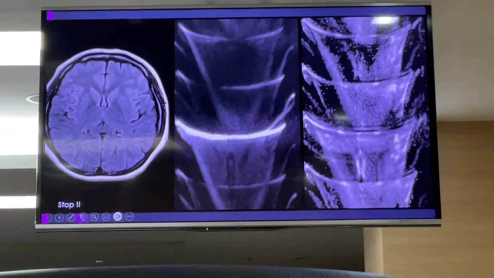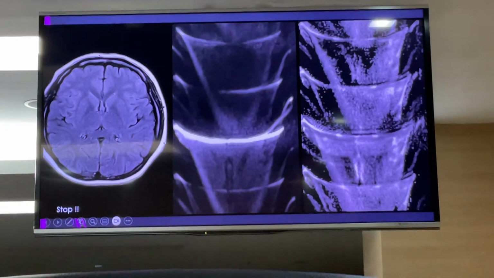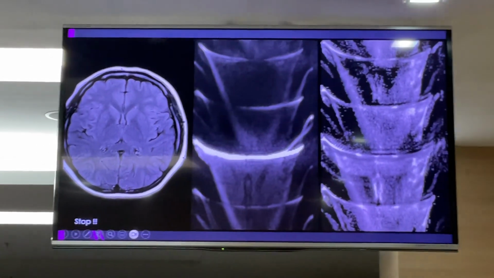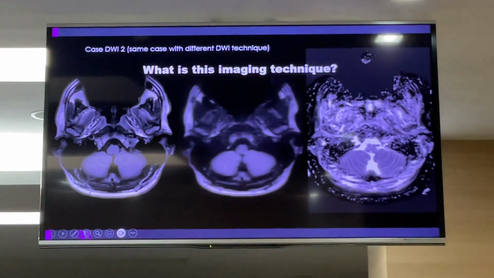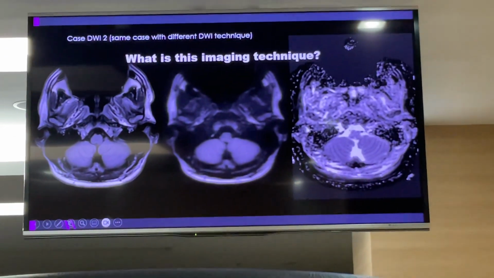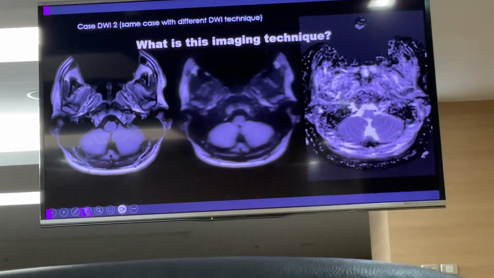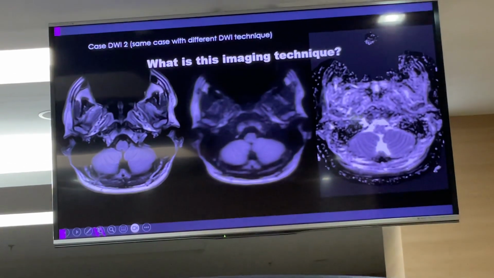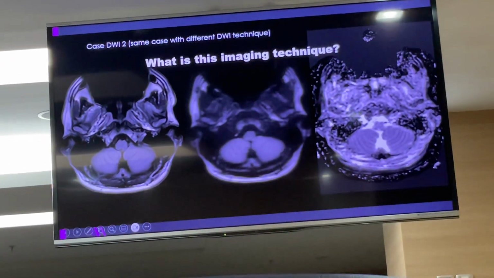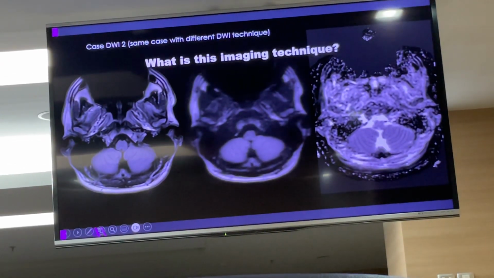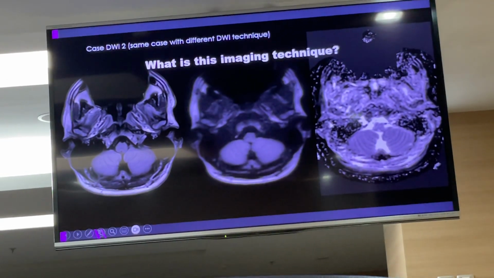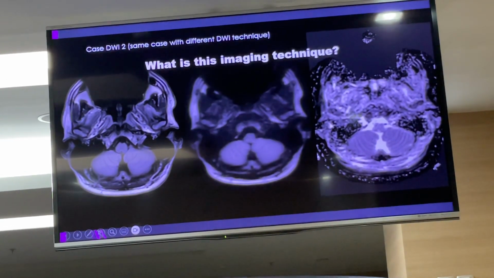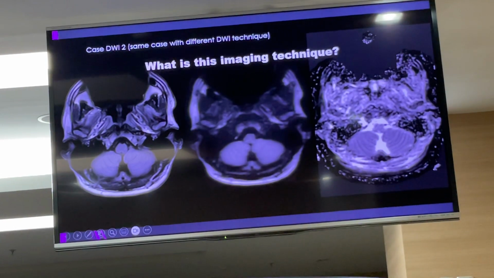How do we cope with this situation on site? The patient was sent to rule out acute cerebral infarction, so we just have the DWI scan. It's enough, right? So I just told the technician on site to just use this technique.